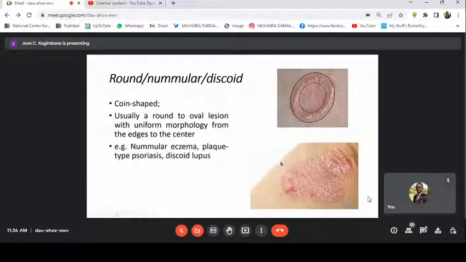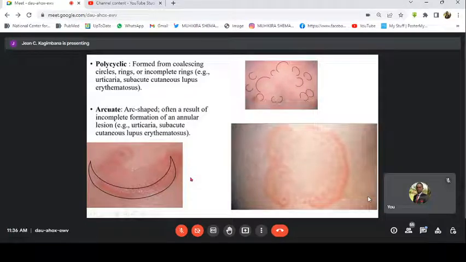Okay? And again, it is hyperkeratotic with some fine scales. A lesion may be polycyclic, formed from coalescing circles. This is the characteristic. You see, it looks like this.